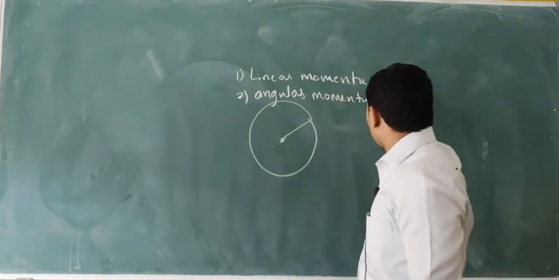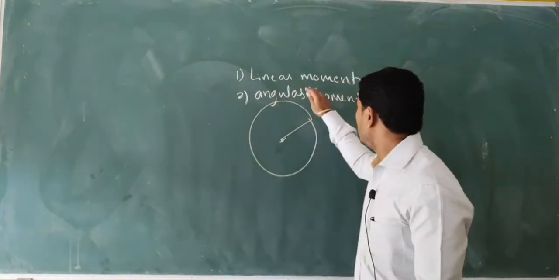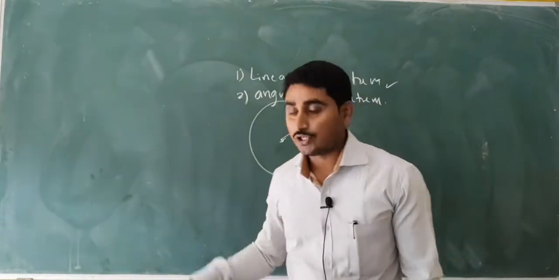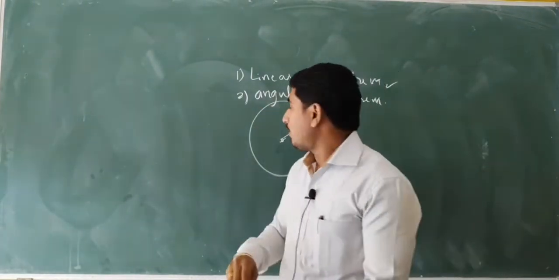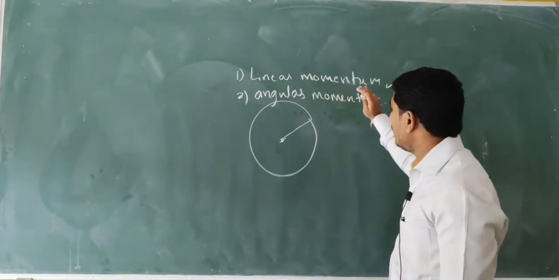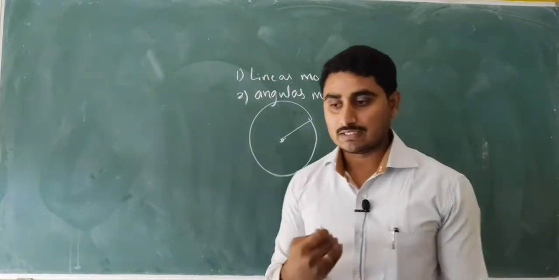If the body has linear motion, it has linear momentum. If the body is in rotatory motion, we call it angular momentum. Now we will discuss them one by one. First we are going to discuss linear momentum. What does it mean? What is linear momentum? That we will discuss now.